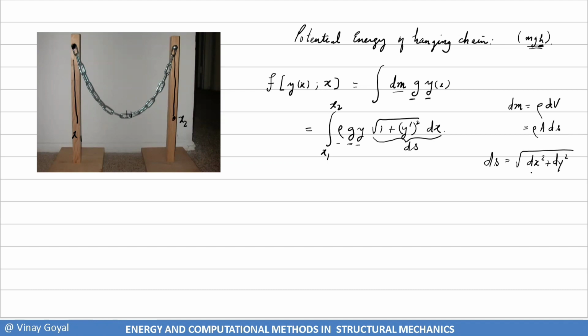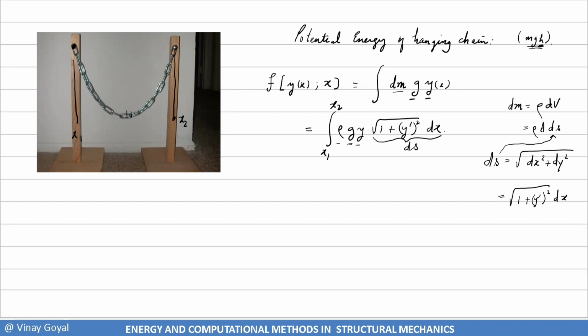When you factor out dx, you get the square root of 1 plus y prime squared dx. So I can plug in ds here, and you see that I didn't put A here, but I can put it there. I'm making it per the cross-sectional area, which is totally acceptable. It's just a different approach.